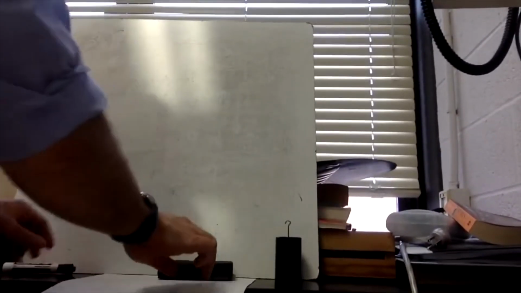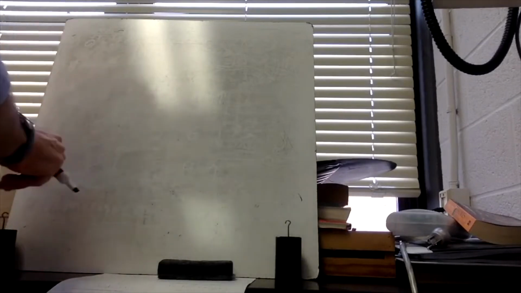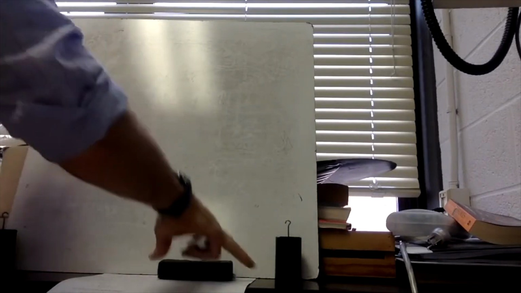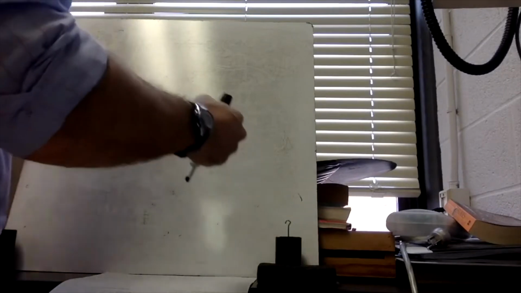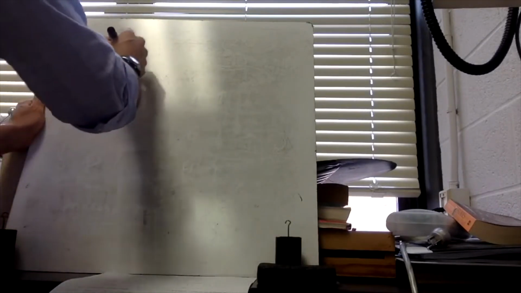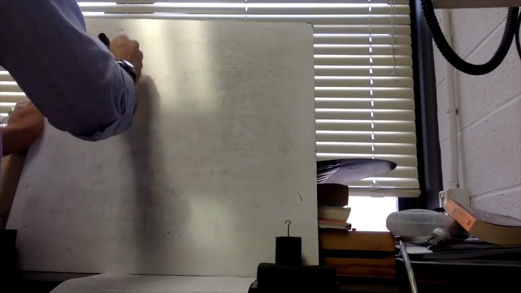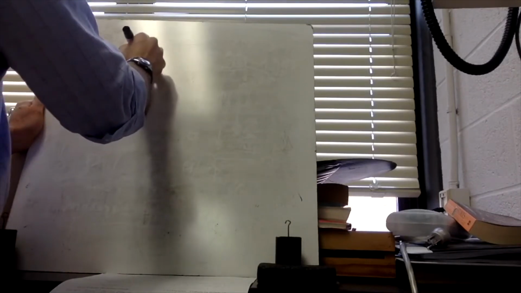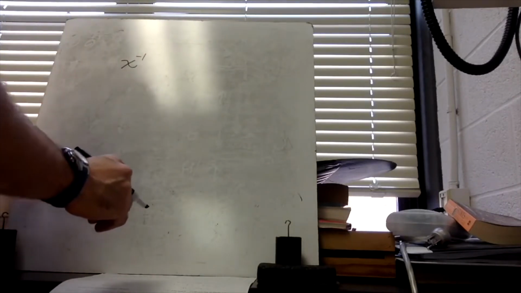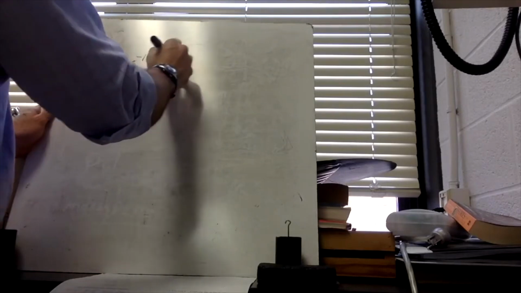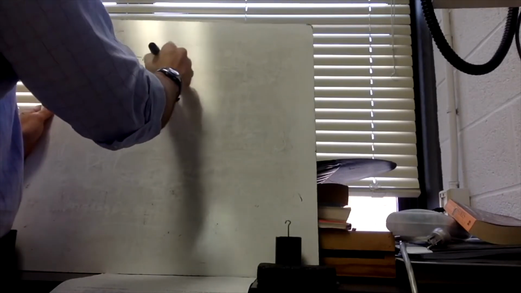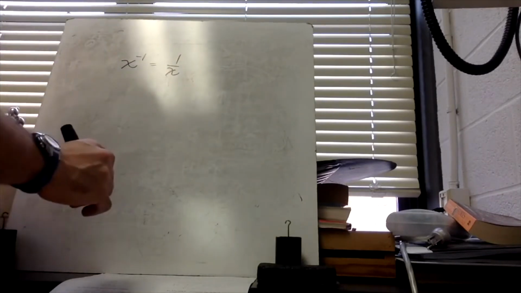One thing to think about here, looking at the instructions, is why can't n be -1? So why can't I have x to the -1? This would be 1 over x.